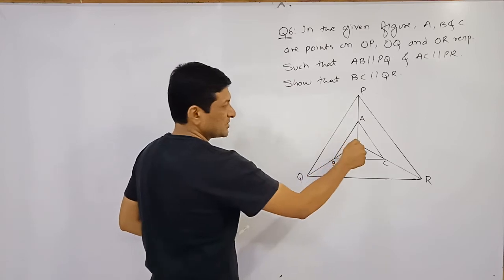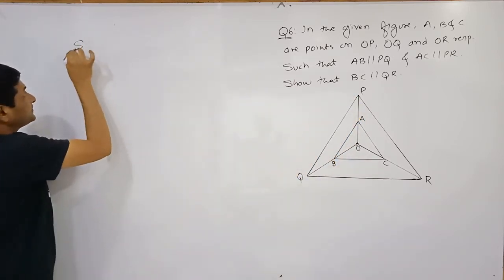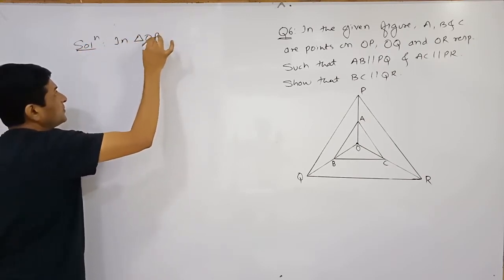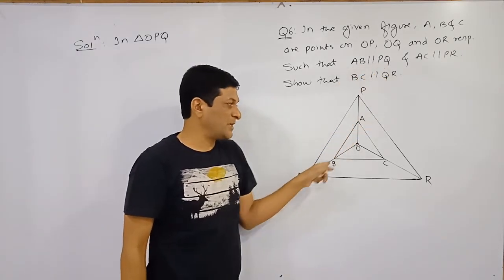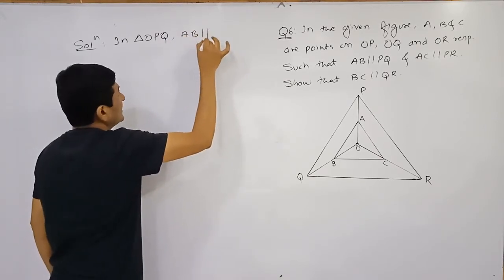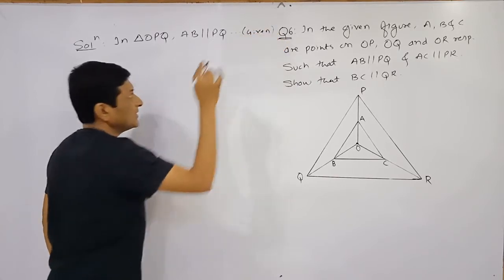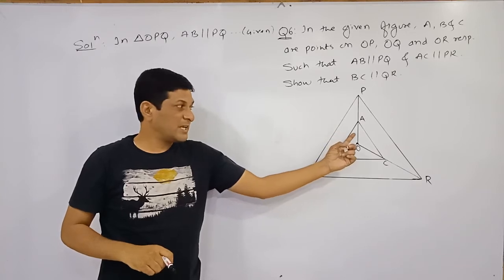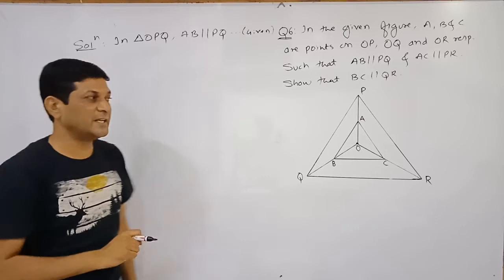First, we are considering triangle OPQ. In this triangle OPQ, it is given to us that AB is parallel to PQ. Since AB is parallel to one side of a triangle, according to BPT it divides the other two sides in equal ratio.